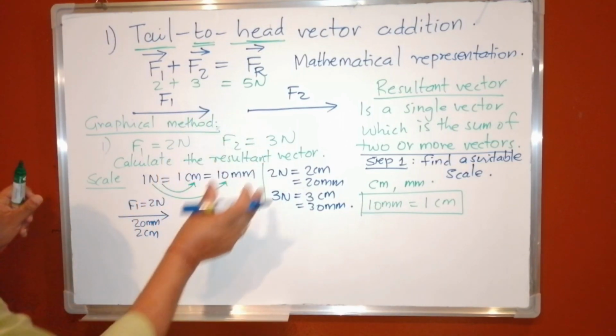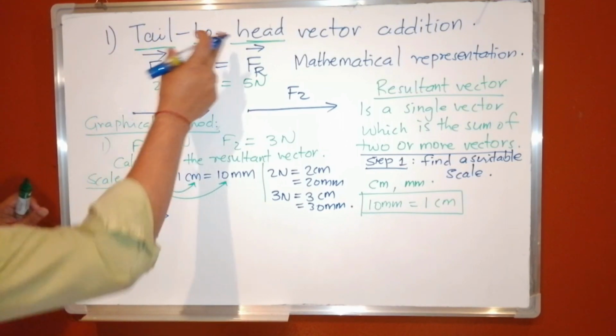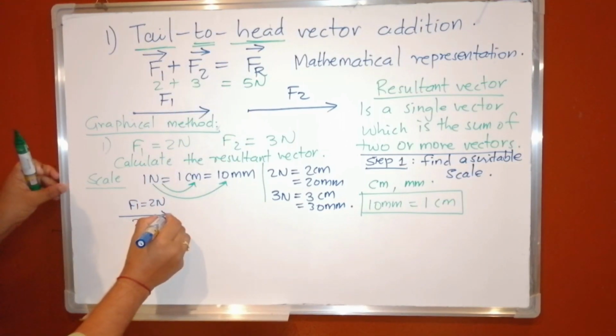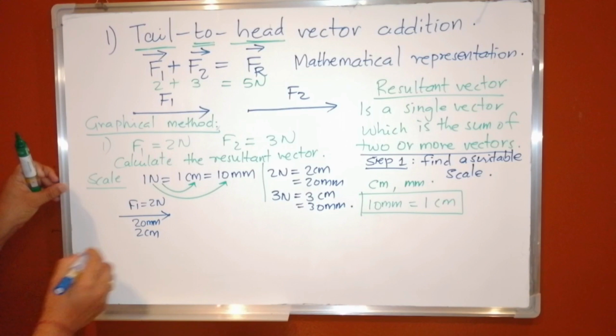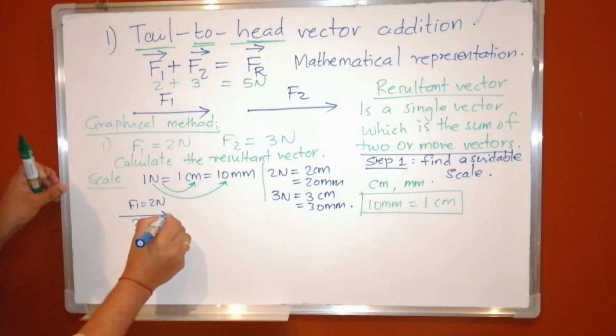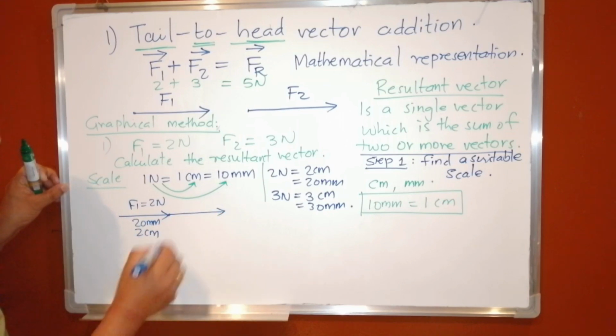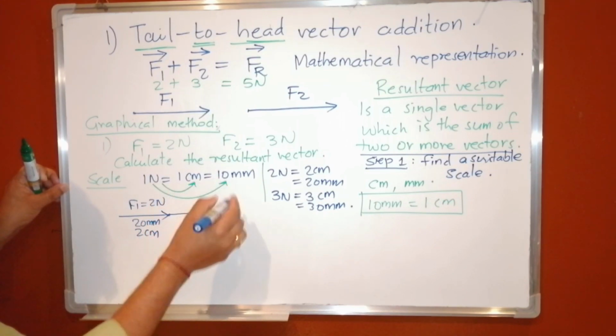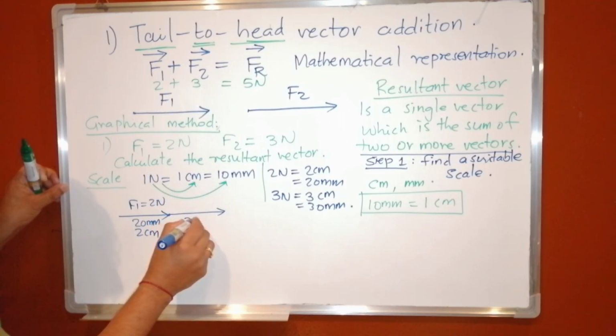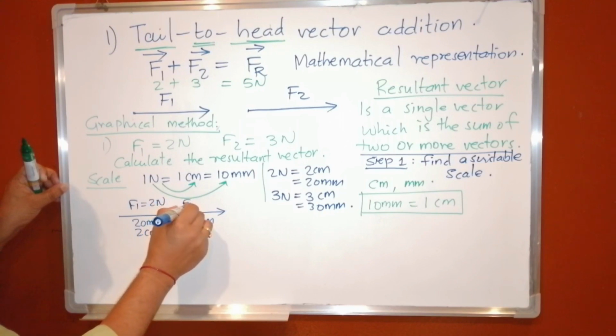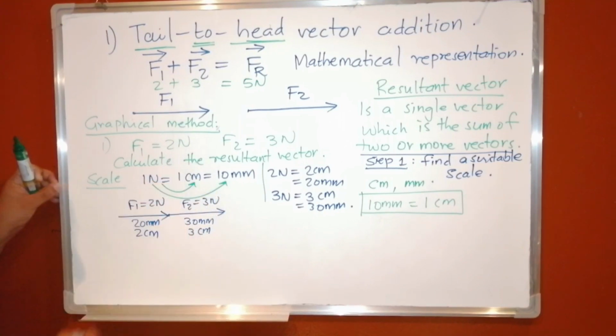Then you take your second vector and we follow tail to head vector addition. You place the tail of the second vector on top of the head. Then you draw that second vector, which is 3 centimeters or 30 millimeters, your F2, that is 3 Newton. This is tail to head vector addition.